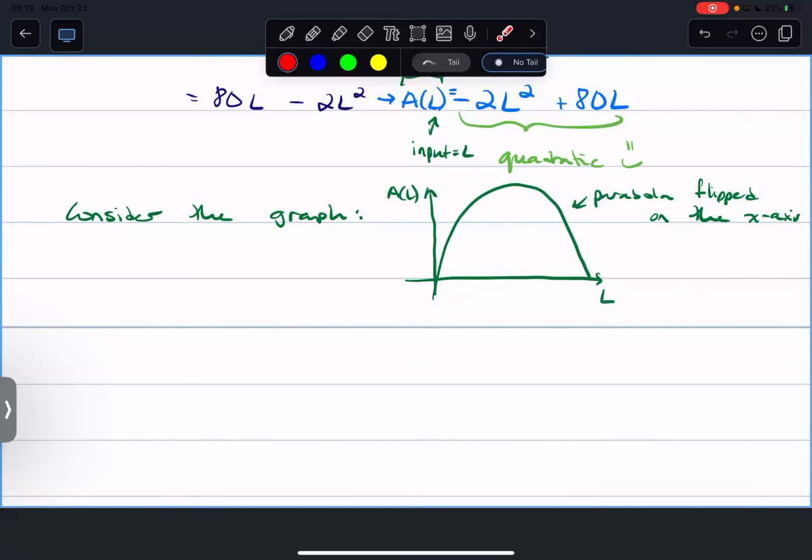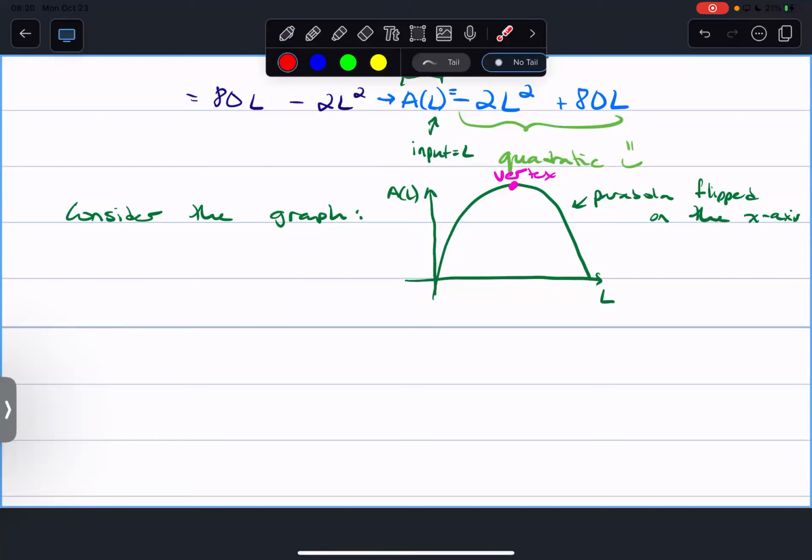And so what we want to do is here we're increasing L, so we're increasing the length of the sides. And as we do, the area is increasing until we hit the maximum, which is also called the vertex. So here we have a vertex.